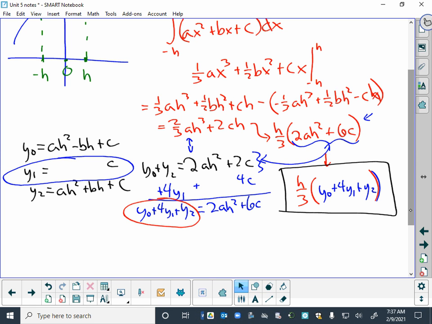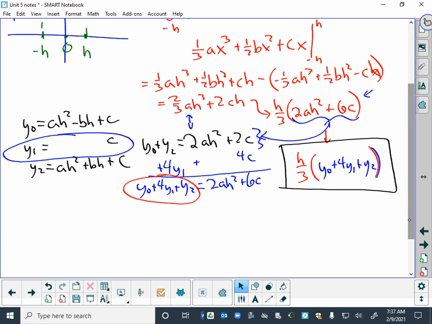Maybe I remember that because it takes 3 points to do that. But I always am going to need an even number of data points, or split into an even number of intervals. Otherwise, I'm going to be left with something hanging out here at the end.